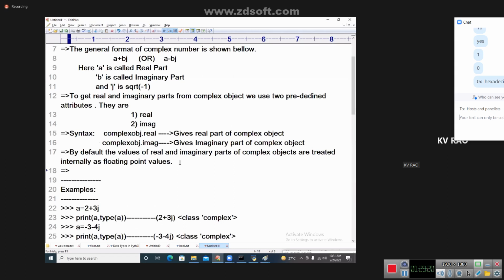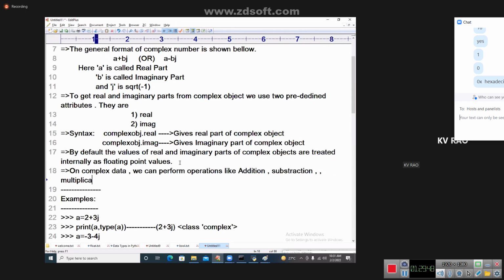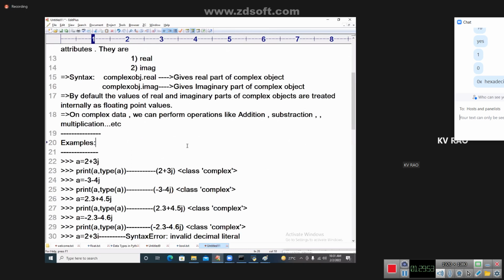On complex data, we can perform operations like addition, subtraction, and multiplication, and so on. When I come to the operators, I will explain and show you.